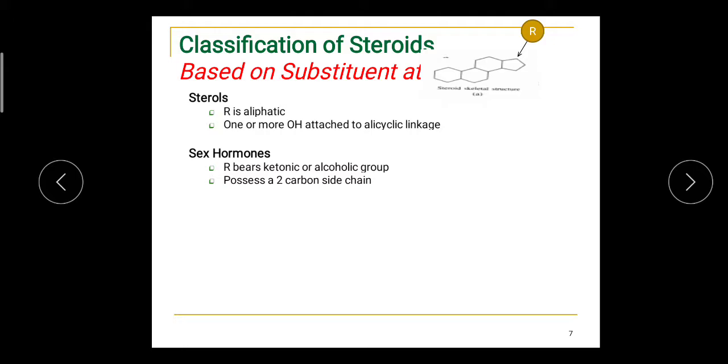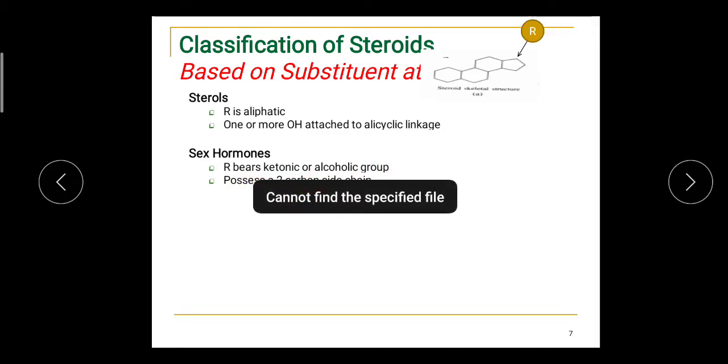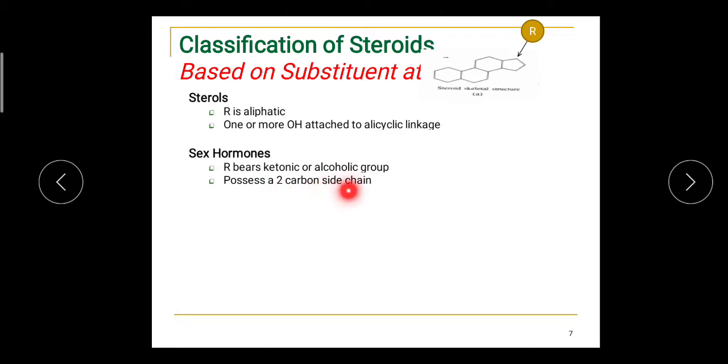If the side chain at the C17 position has a ketonic or alcoholic group, and usually possesses a two carbon side chain, then that moiety is a sex hormone, like testosterone or the estrogens.